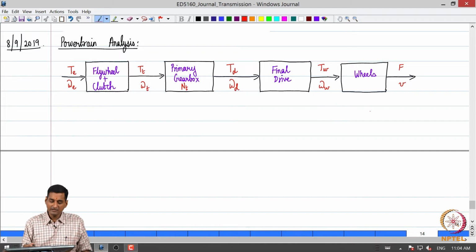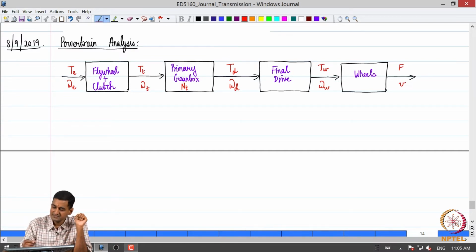So if you look at the flow of energy in a powertrain that we are considering, let's say the engine delivers a torque Te at a speed omega E, and that's transmitted to the flywheel. The clutch engages with the flywheel, right, and let's say it transmits a torque T subscript T at a speed omega T. Of course, when the clutch is rotating with the flywheel without slip, omega E and omega T will be the same, right, and this is then transmitted to the primary gearbox.